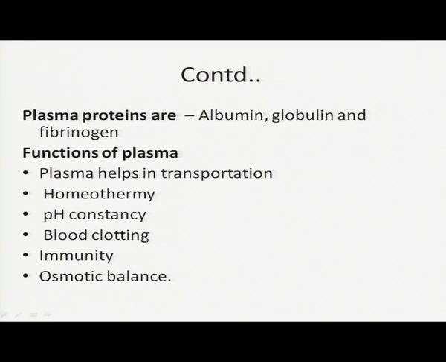It helps in blood clotting because it contains the protein fibrinogen. It contributes to immunity, because it contains the protein globulin. You know, immunoglobulins, the antibodies, are made up of globulin protein. Then it contributes to osmotic balance.